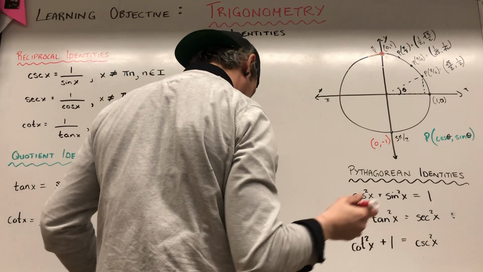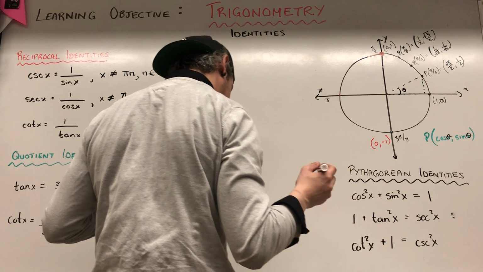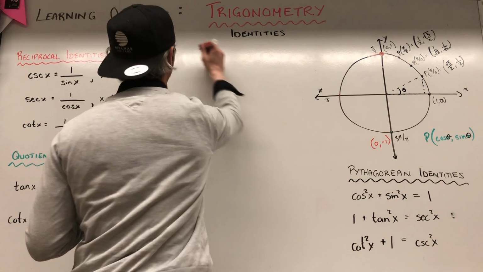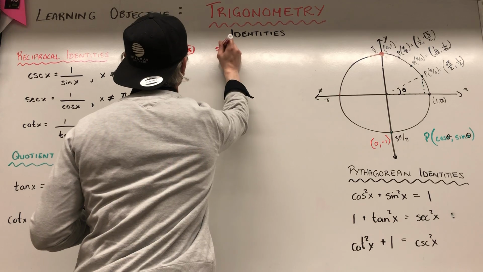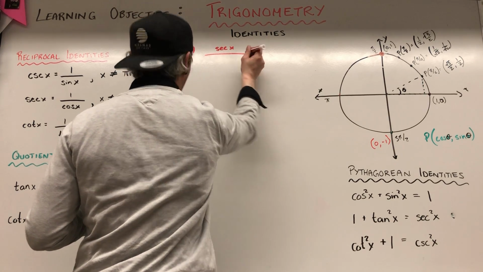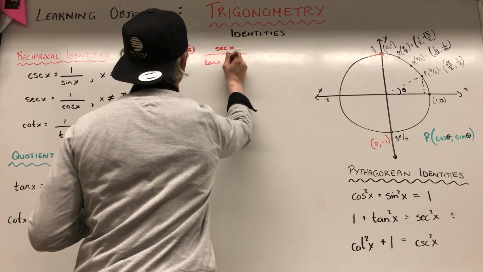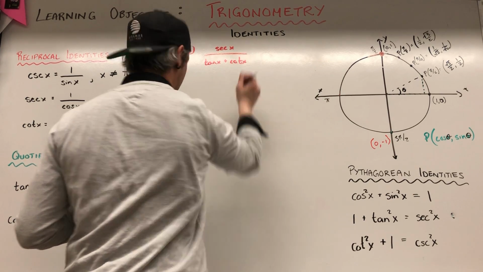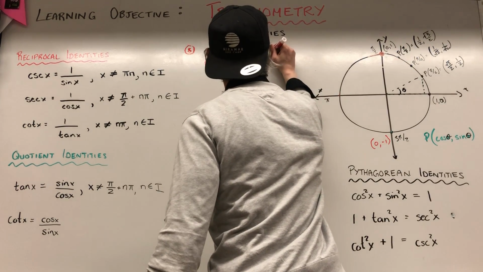I'm going to do 5A, B, and then 7. So I'm going to do 5. I've got secant x over tan x plus cotangent x. For A, verify that this is equal to sine of x.